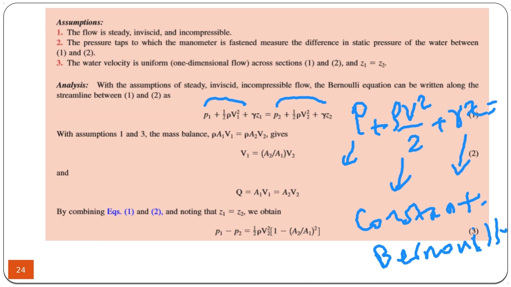First, we can start with the conservation of mass. Conservation of mass means that mass does not change. Mass flow rate does not change. Here, rho is the density, v is the velocity, A is the cross section, and it's constant according to the conservation of mass.